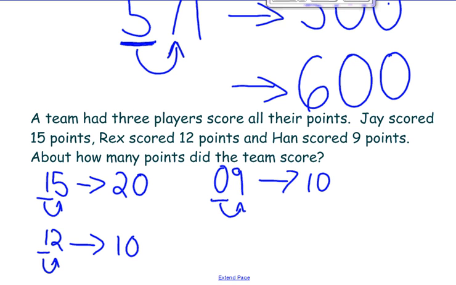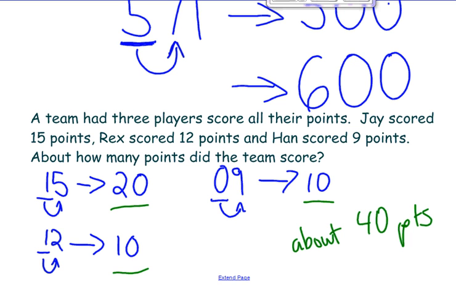And now I can very quickly add these 3 numbers together, 20 and 10 and 10, and get an answer of 40 points. And we want to put about in front of it because it is an estimate. So it is about 40 points for the team score.